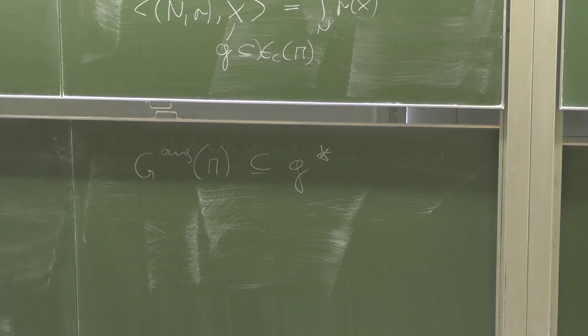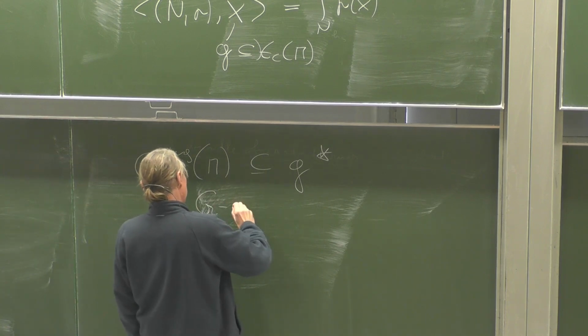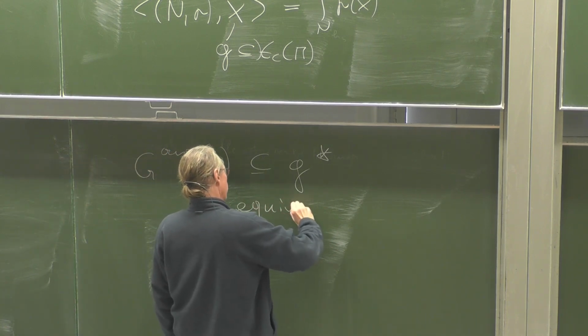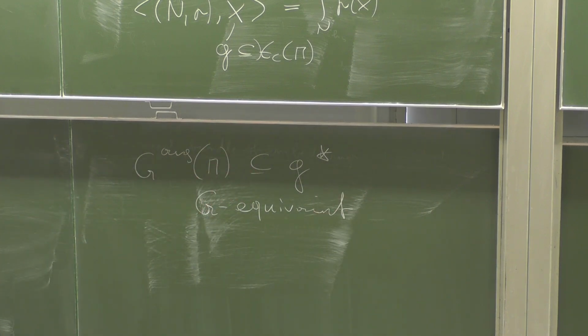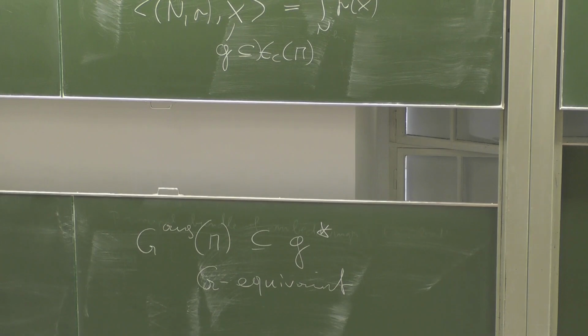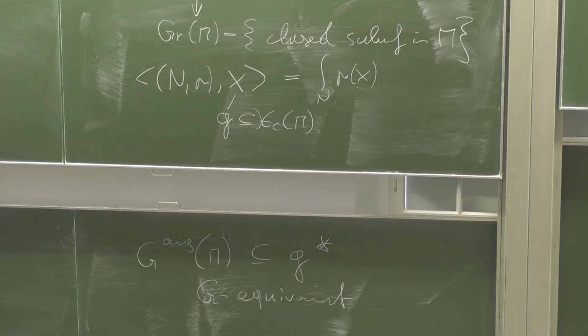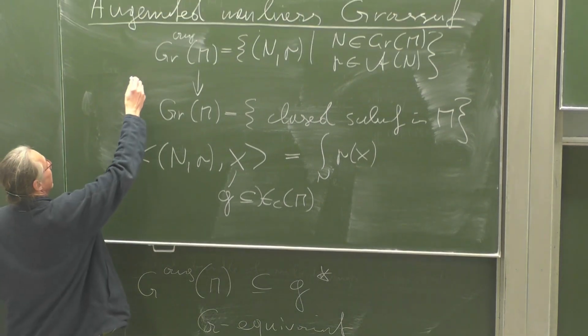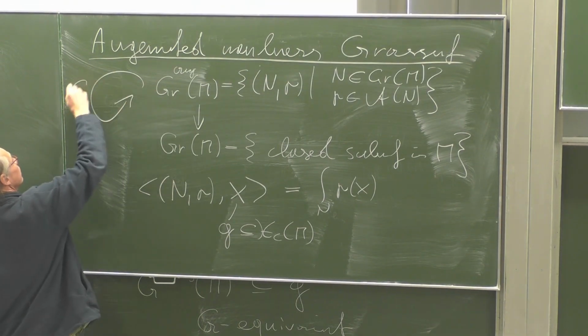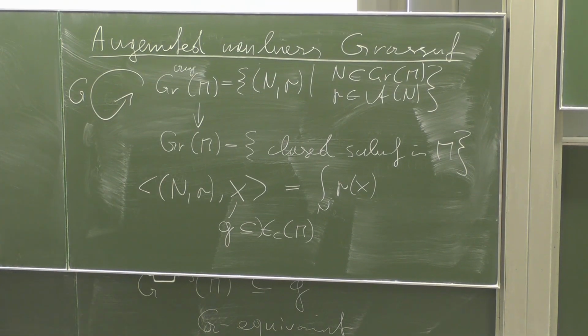And we want this embedding to be G-equivariant. So G is the Lie group with Lie algebra g. We want this Lie group G to act on the augmented nonlinear Grassmannian.